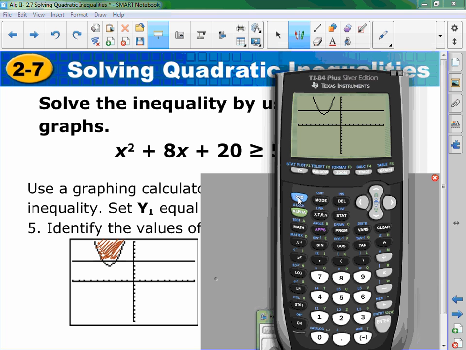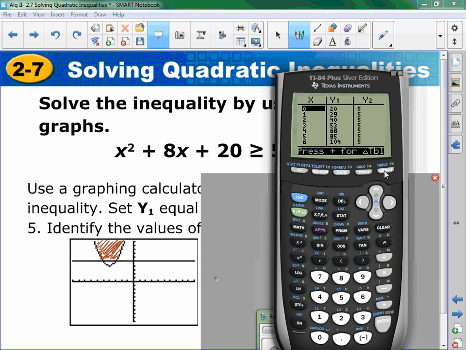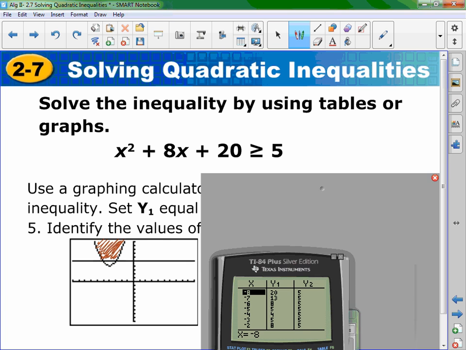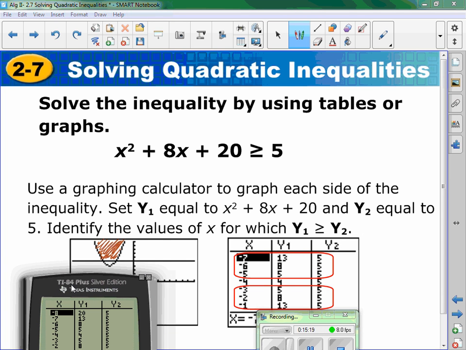If I hit second graph and look at a table, we care about when the numbers are greater than 5. Bigger than 5, bigger than 5, bigger than 5. Notice that I see 1 where it's not bigger than 5. Where is that at? At negative 4. If you see on your graph, at negative 4, it's 4, and 4 is not greater than 5.